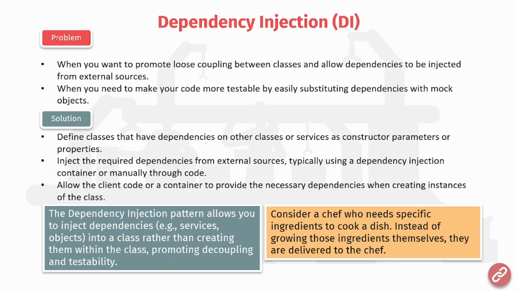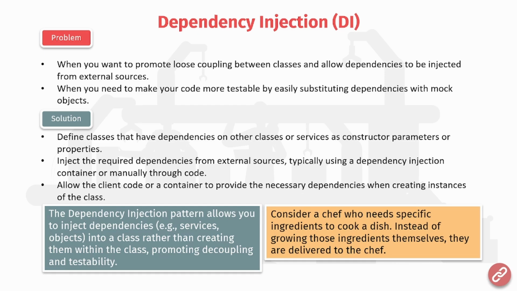And the other thing is to allow the client code or container to provide the necessary dependencies when creating instances. Now, when we create an instance from a class, those classes should allow these other dependencies.